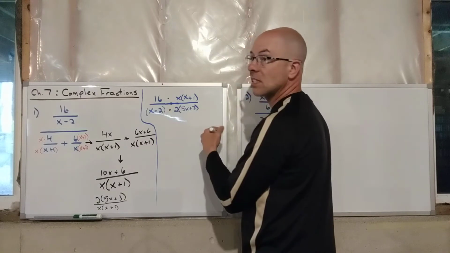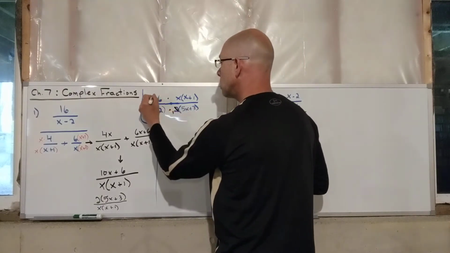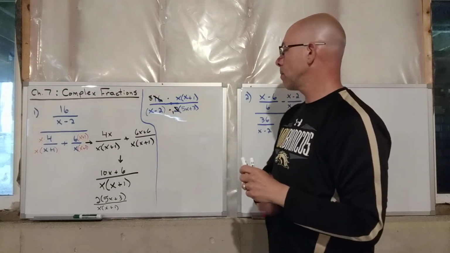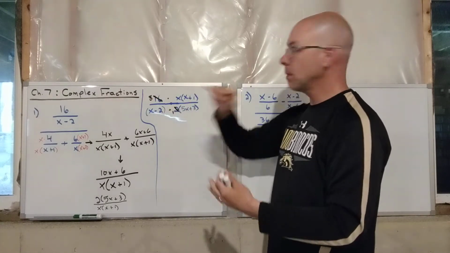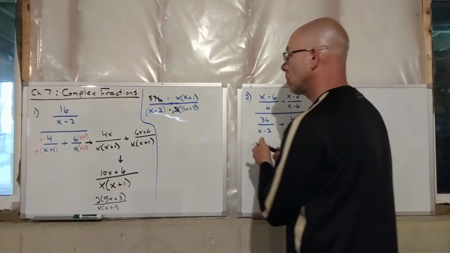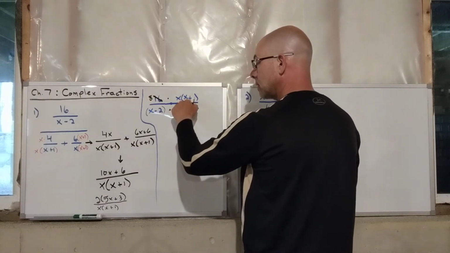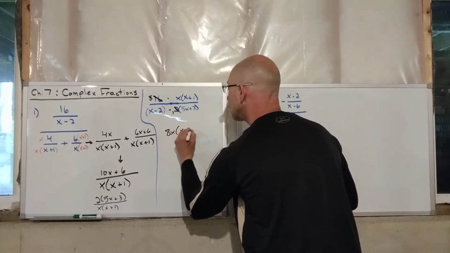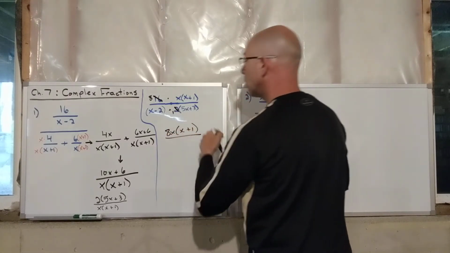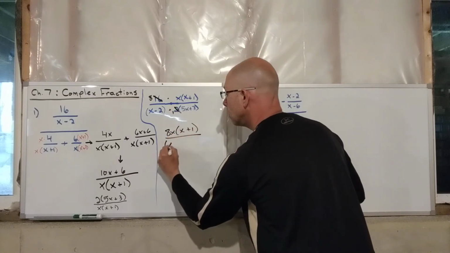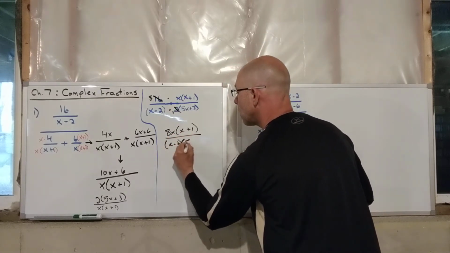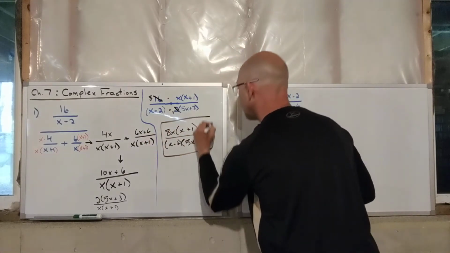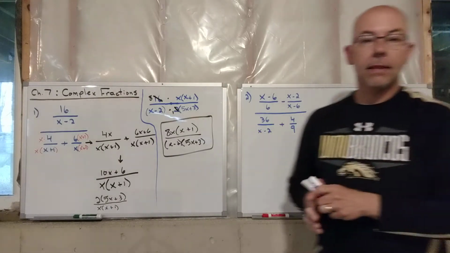So I can reduce the 16 and the 2. 2 goes in once, 2 goes in 8 times. Nothing else reduces. You're always hoping for, hey, an x plus 1 and an x plus 1. Nope. So what you see is left. So it is 8x times x plus 1 all over x minus 2 times 5x plus 3. And that's that. That's the end of it.